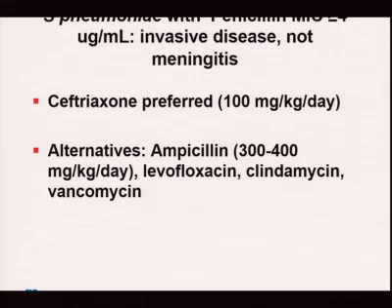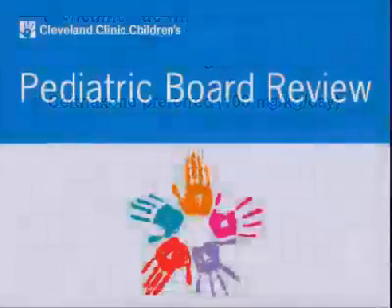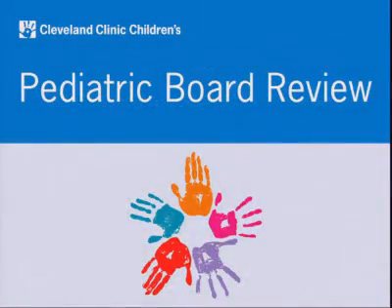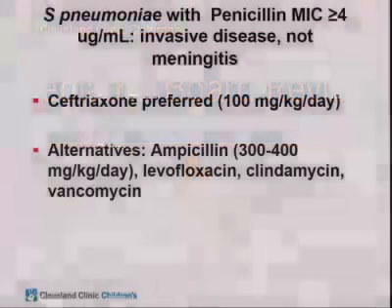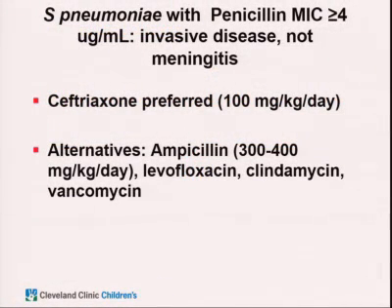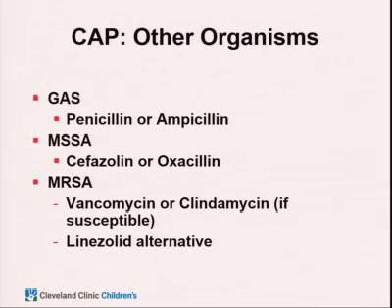For invasive disease, but not meningitis or a resistant strep pneumo, then we would use a third-generation cephalosporin, such as ceftriaxone. And the alternatives there, again, high-dose ampicillin, and then in rare cases where we would have to use levofloxacin, clindamycin, or vancomycin.